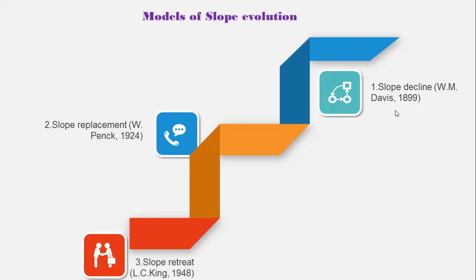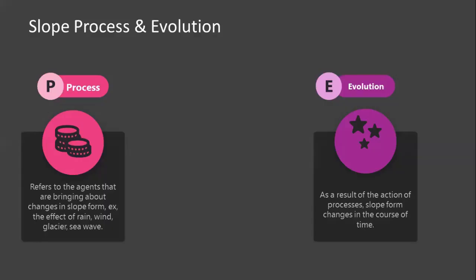So by and large, he came up with his own concept in 1948. So process refers to the agents that are bringing about that change. That may be the effect of rain, wind, glacier, sea waves, etc. Evolution is the result of the action of the process.